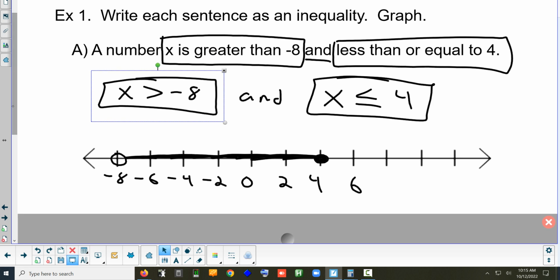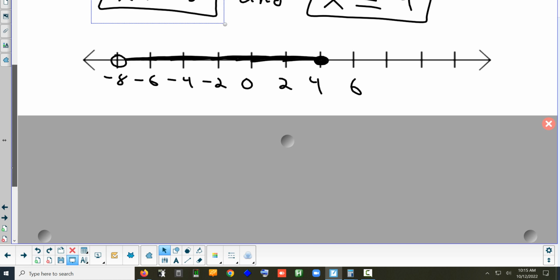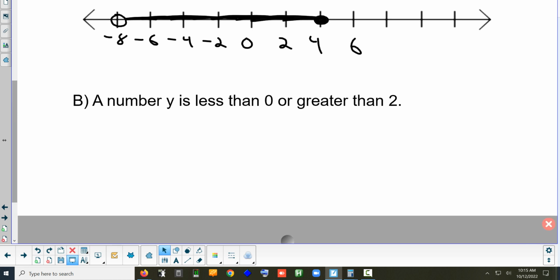And that was example 1. Any questions on that one? All right. How about you guys try B. A number y is less than 0 or greater than 2.